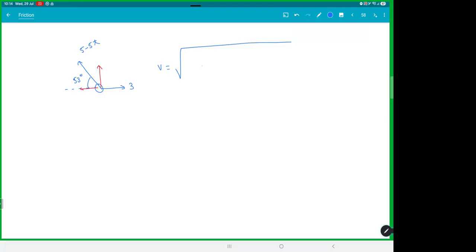This will be root over (5 minus 5t) sine 53, which is 4 by 5, whole square, plus (3 minus (5 minus 5t) cos 53) whole square.